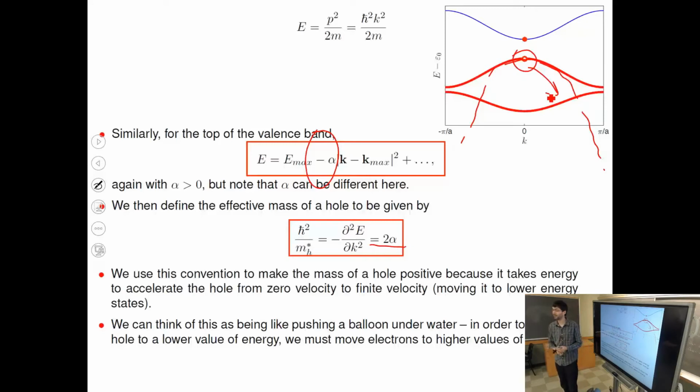And then this will be satisfied. So this is actually more intuitive to put this minus sign than to have the negative hole mass. It's more confusing. Okay, so holes have positive charge and positive mass. Opposite charge, but the same sign mass.